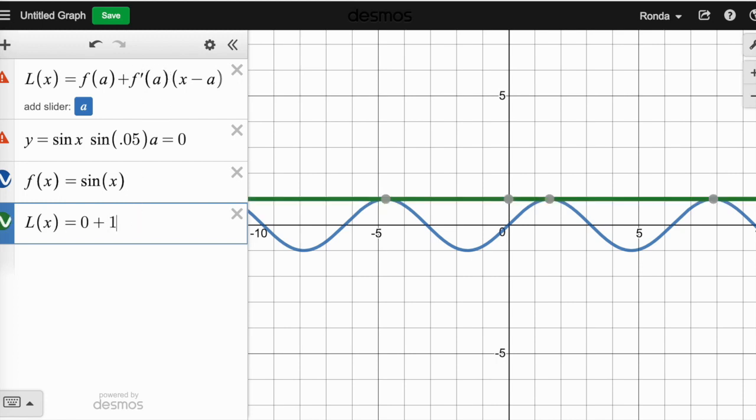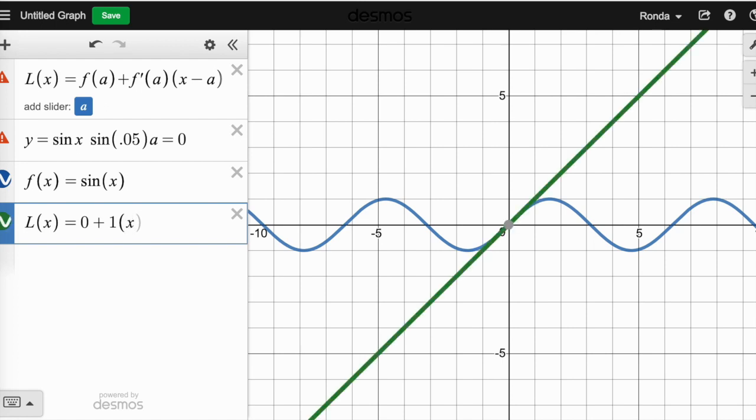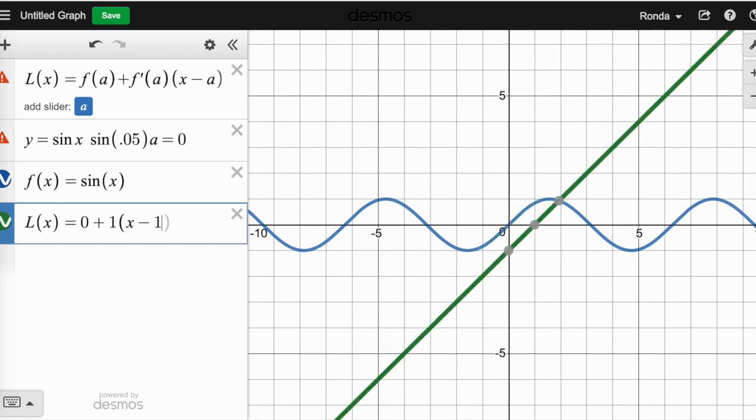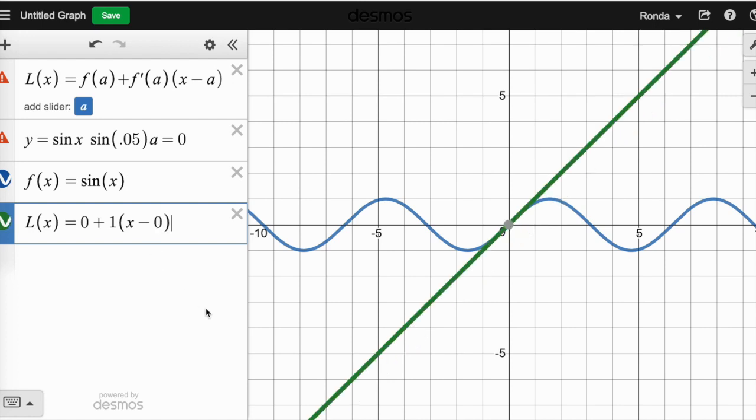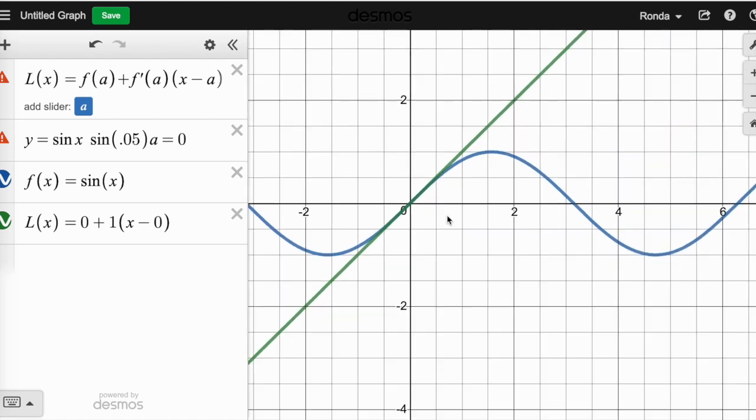So this is just a 1 here. And then I get x minus a, which is 0, so x minus 0. So this is my equation of my tangent line. Now really this is just y equals x, but you can see that when I zoom in really close, my lines are of course lying on top of each other.